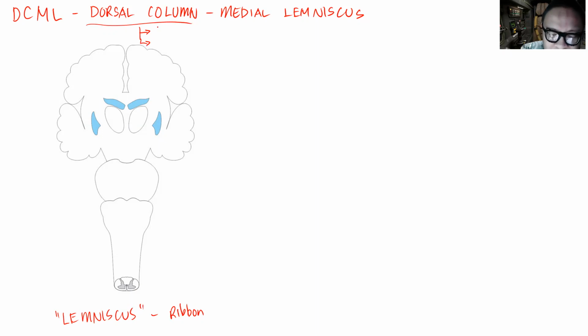So we are talking about fine or discriminatory touch, meaning the touch sensation that helps you differentiate between objects, one texture from the other, no matter how subtle.